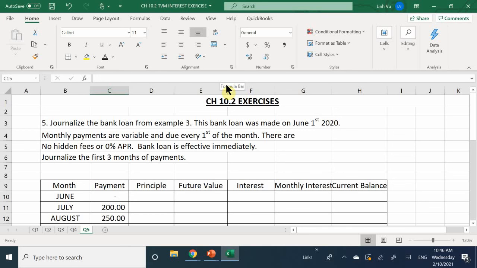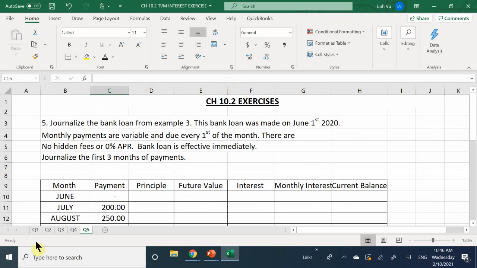With the assumption that this is a real life scenario, this is actually how you apply it. So in this case, for number 5, it tells me that I need to journalize the bank loan from example number 3.